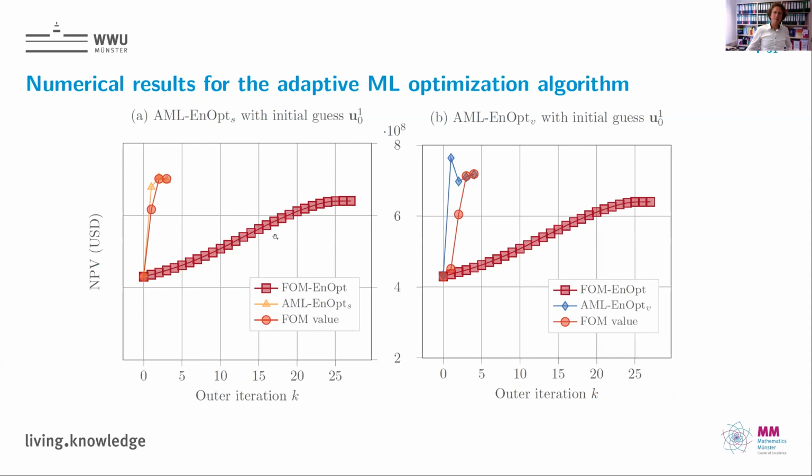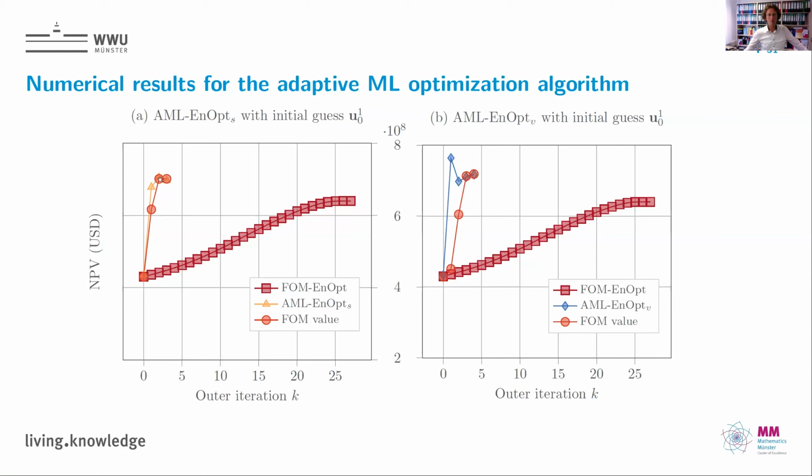So if you do that, then we get the final results. And what you see here is the solution of this optimization problem. So this is now in US dollar what you can exploit in the oil field. And you see that the same algorithm that is only based on the full order model solves has a lot of iterations. And actually, it also converges to a different local minimum than when you use this machine learning combined approach, where you have very fast convergence.